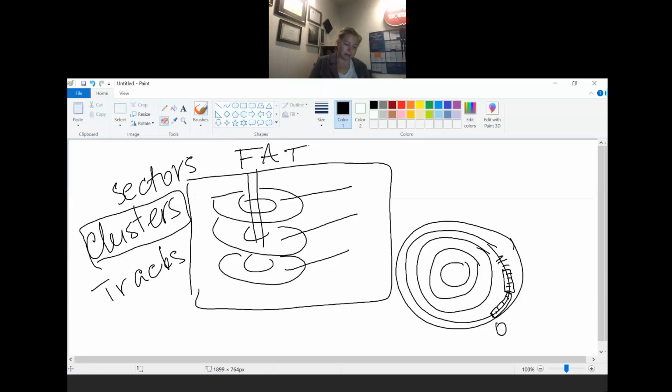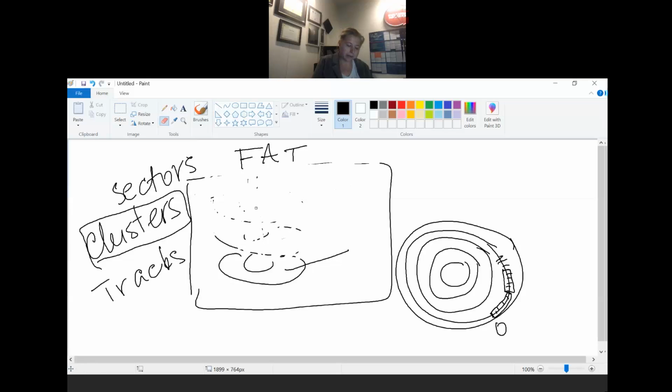Okay, I'm going to erase right now my perfect, beautiful hard drive that I just drew. I need to resize it. Yeah, good enough.